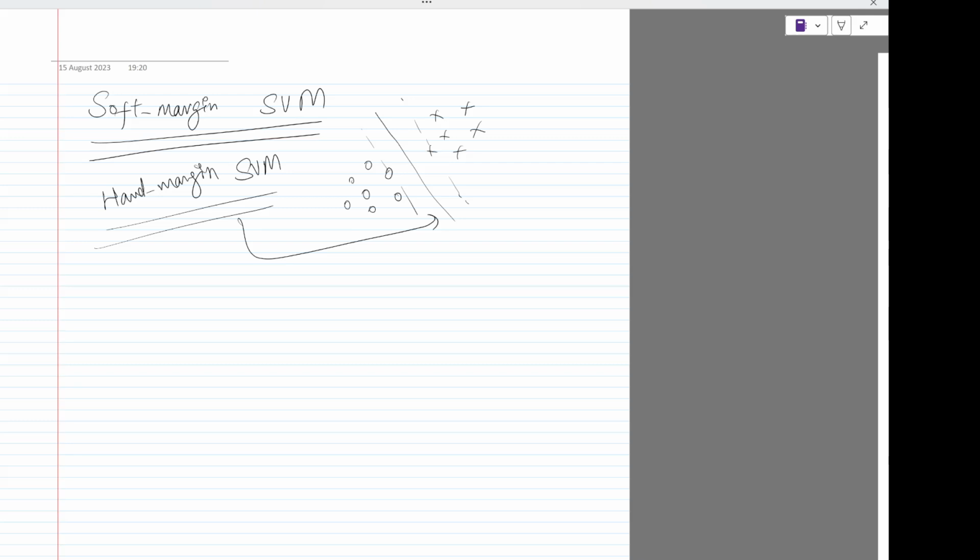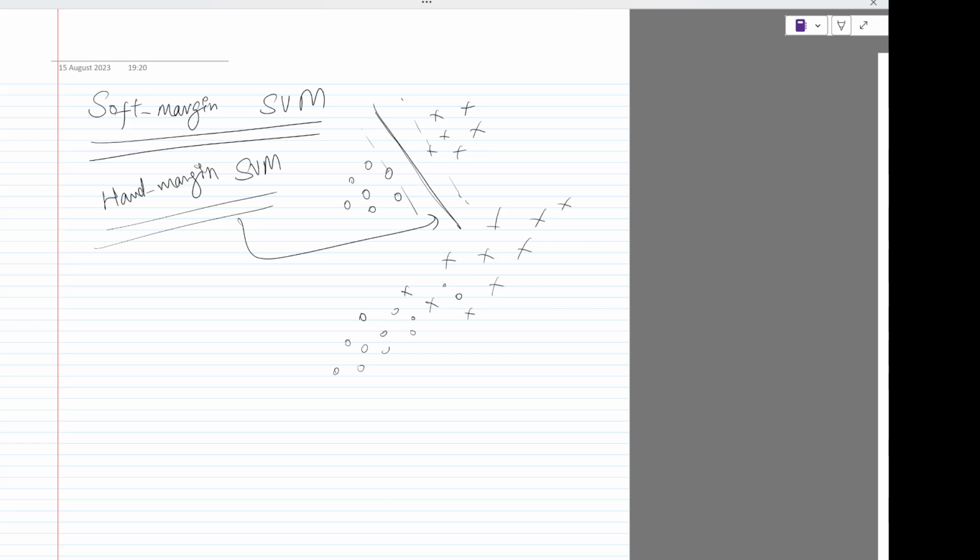In soft margin, what is considered is you have your data points something like this, and there is a circle here. So if you see, it's not completely separable because some points are over here and some points are over there, and you can't find a strict boundary like this which totally separates your data.